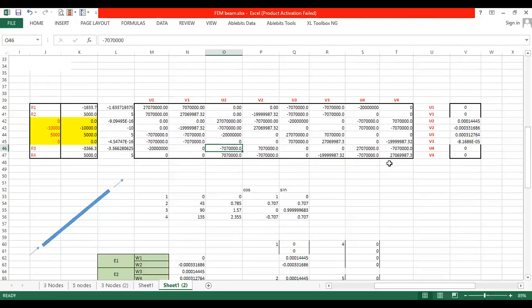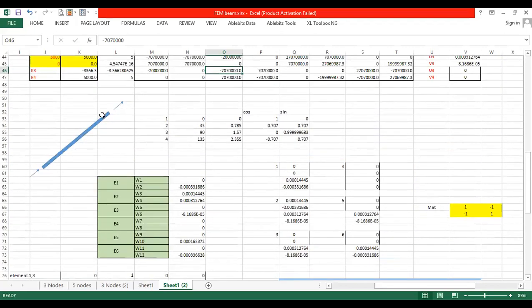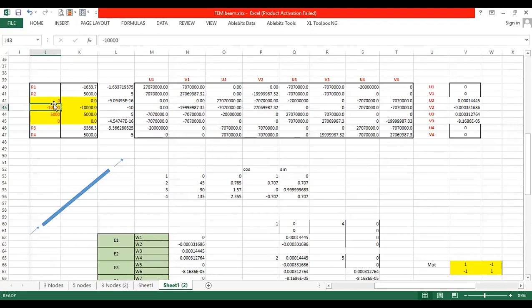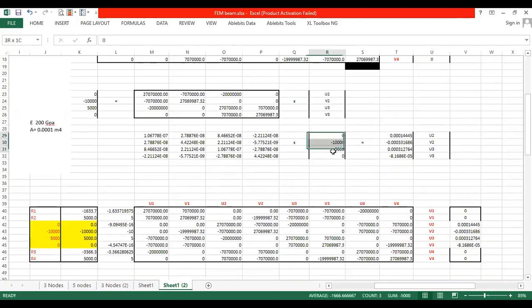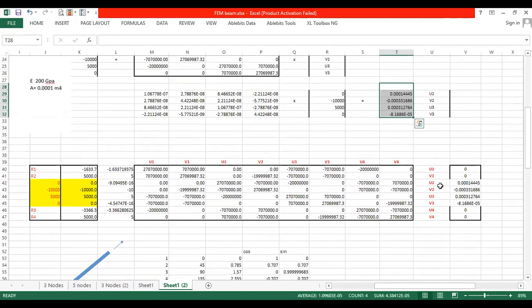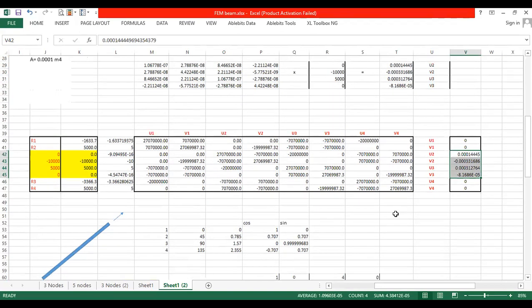So you can see I have to change the loading into 10,000, right? When I load, then my displacement will be changed according to that, and I feed it here and calculate the reactions. Reaction found 0.65, 3.35, right?